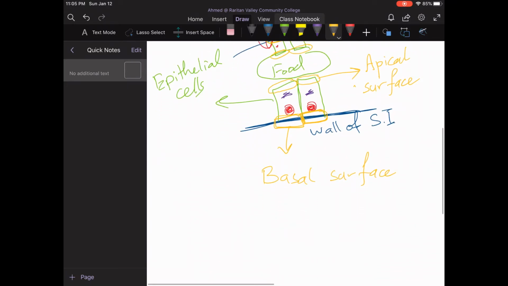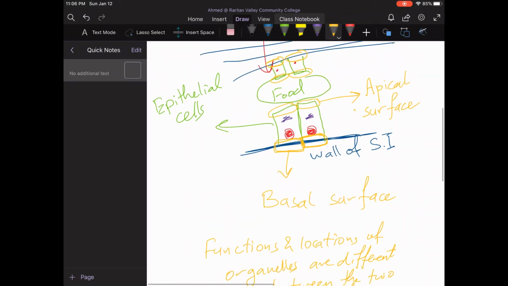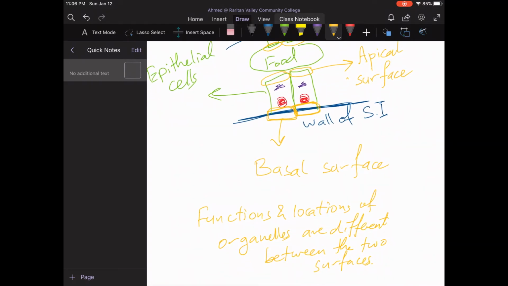Now, one of the characteristics, or the first characteristic of this epithelial tissue, is that the functions and locations of organelles are different between the two areas or the two surfaces. So this is the first characteristic of epithelial tissue, that there is always this arrangement.